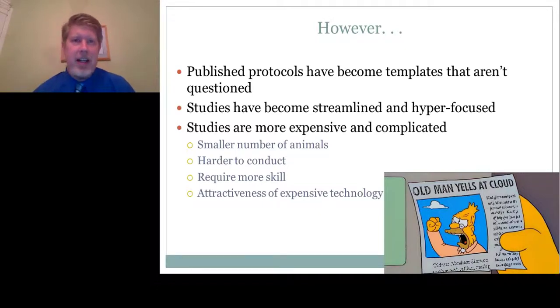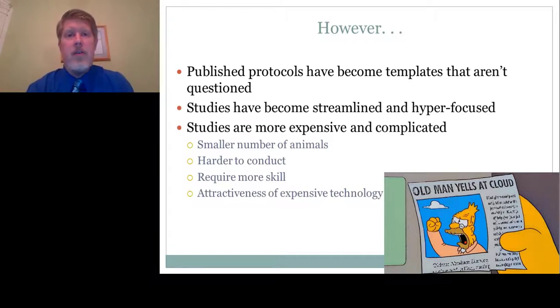However, and I kind of like this particular meme, if you will. So a lot has gotten better, but we have become, I think, more hyper-focused and our studies are more streamlined, and that can be all to the good. But as our studies have become more expensive and complicated, we've reduced the number of animals on study.